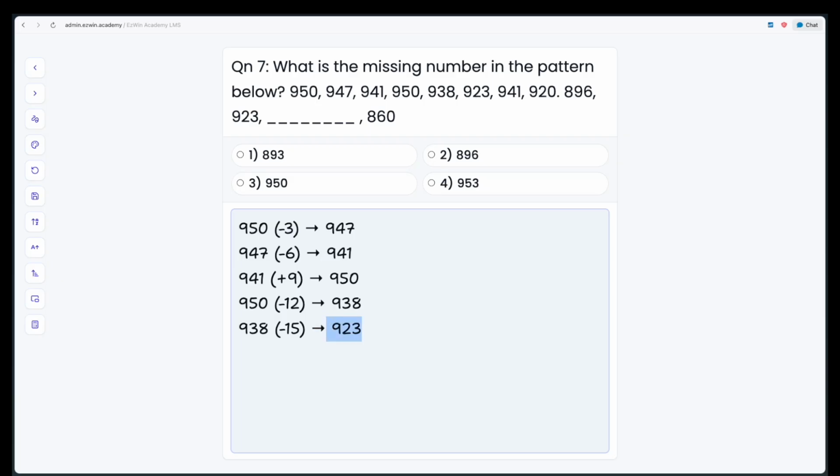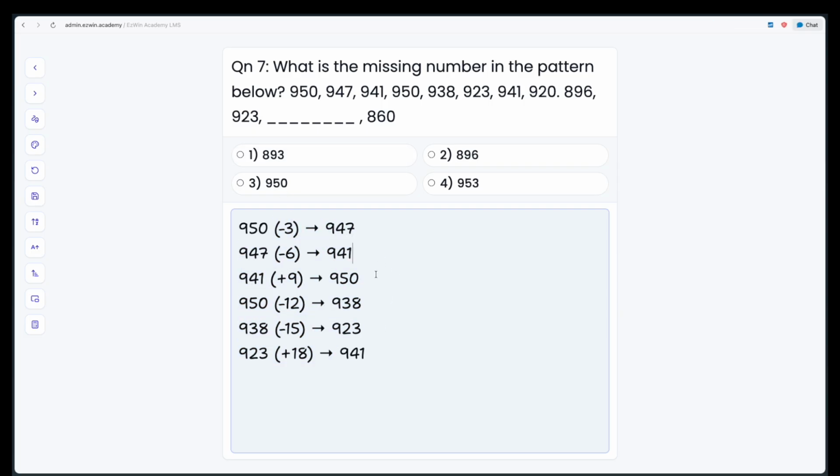And then from 923 to 941. Okay, what do you think we should do? Do we add or minus? We add, right? So it's plus 18. All right, so can we see a pattern?